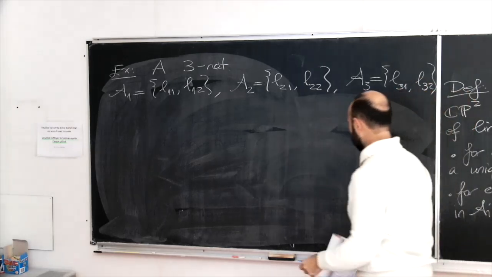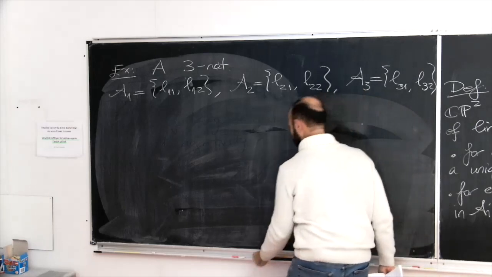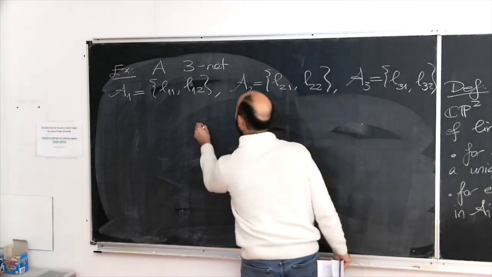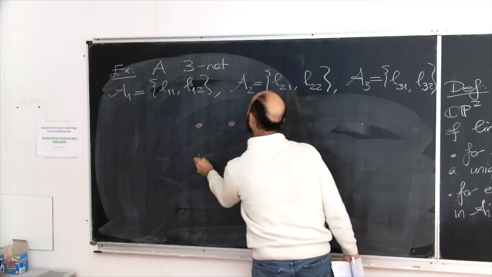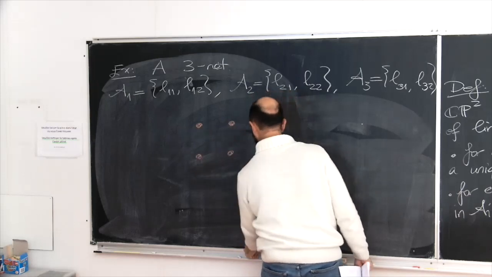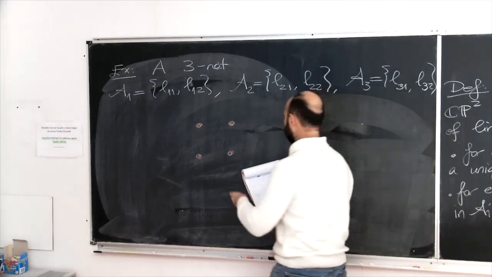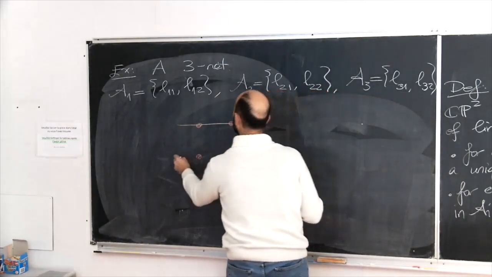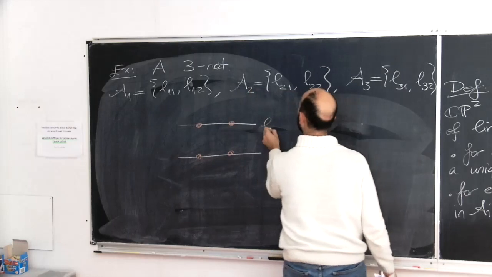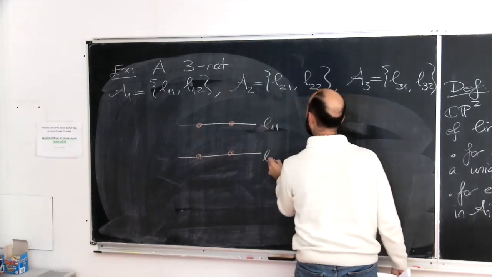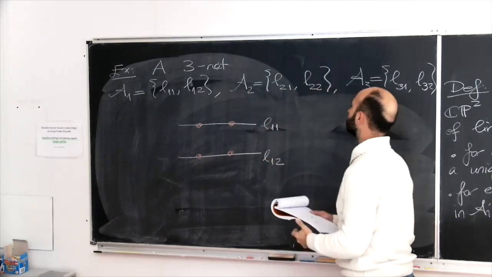Precisely, it will be as follows. 4 points in X, so X will be a 4-point set, and here are the lines in the first class.